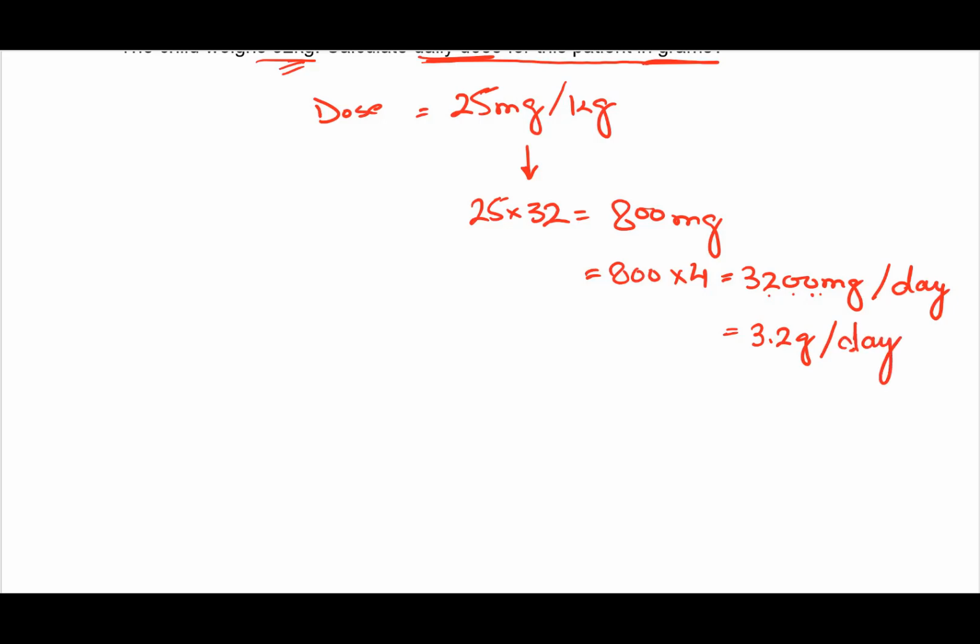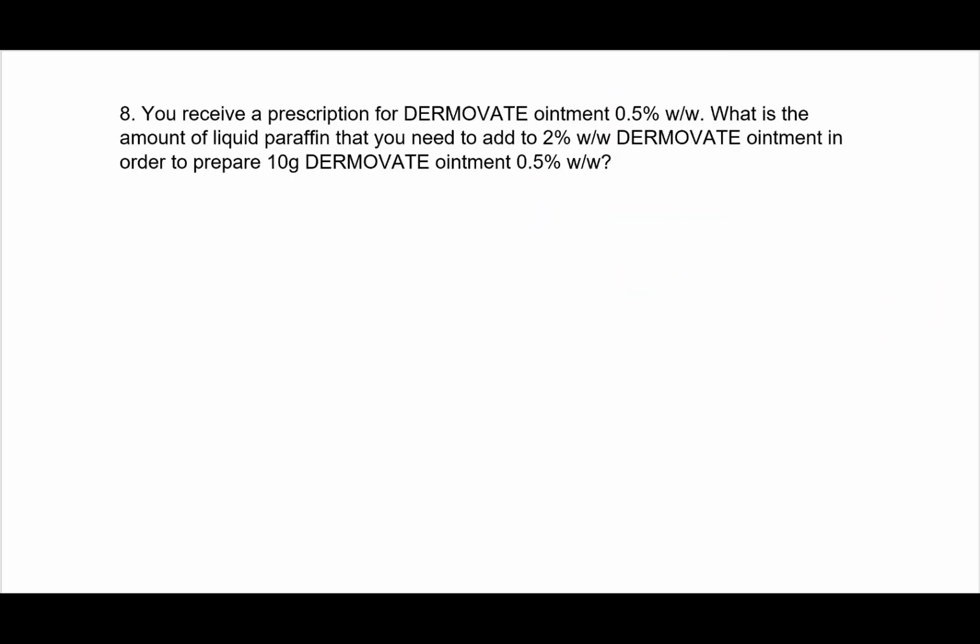And that's the answer. Moving on to question number 8, we have a prescription for Dermovate ointment 0.5% weight by weight. What is the amount of liquid paraffin I would need to add to 2% weight by weight Dermovate ointment in order to prepare 10 grams of Dermovate ointment 0.5% weight by weight?